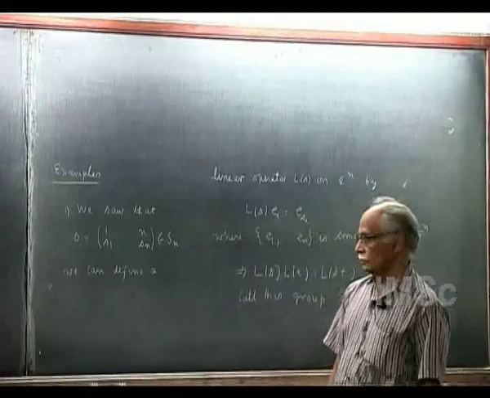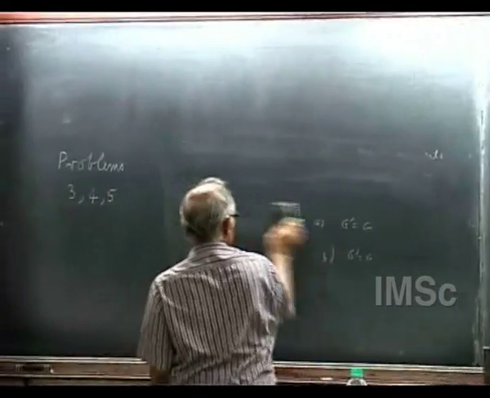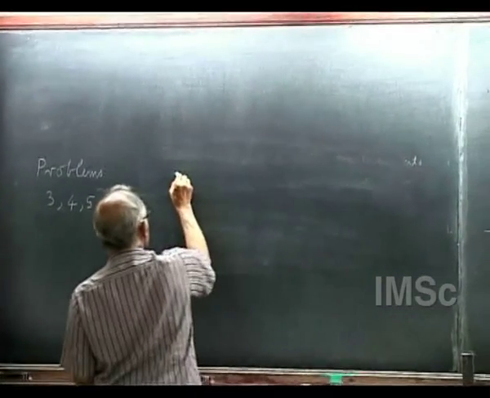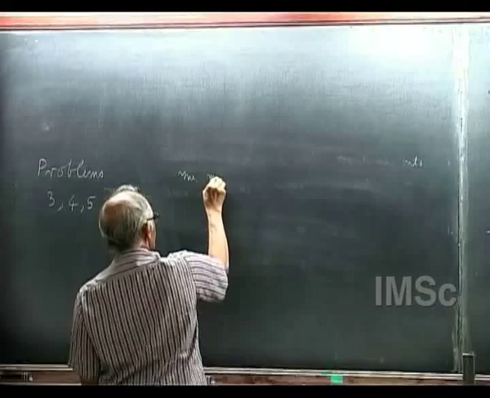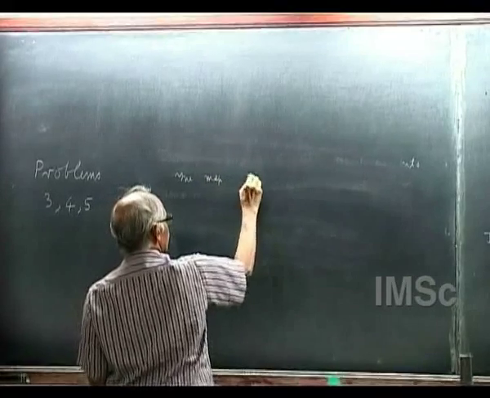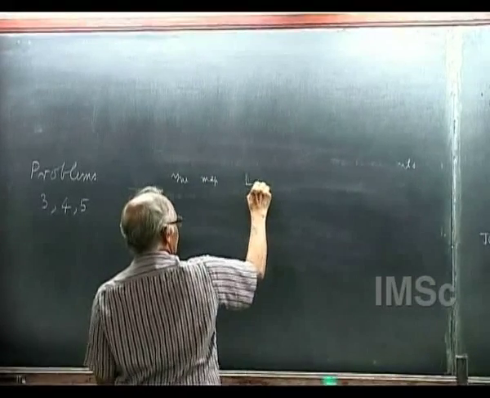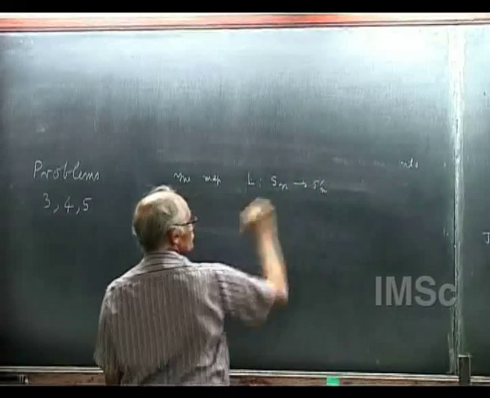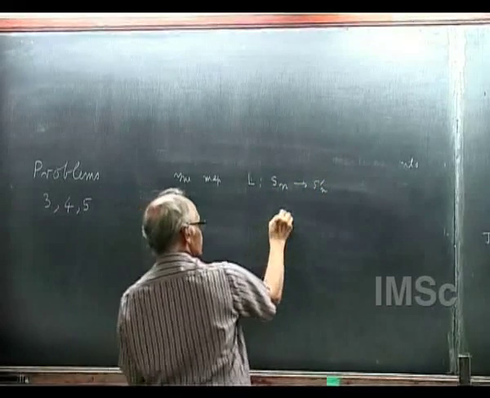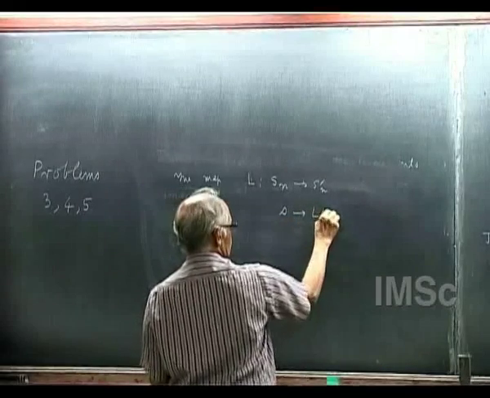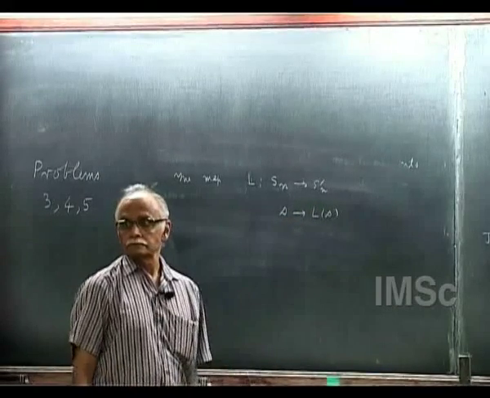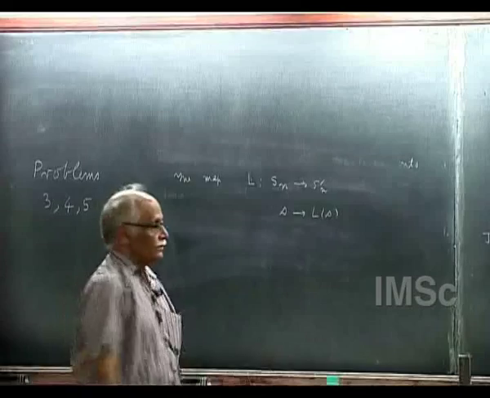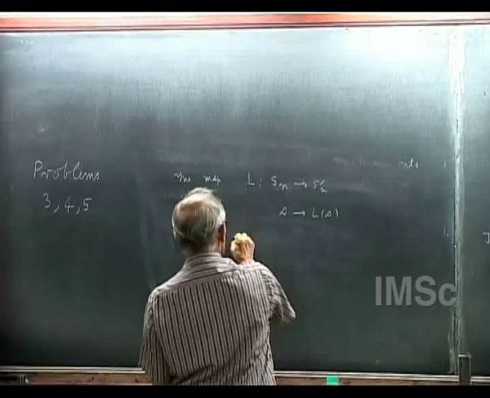Now the map we have here is the map L, taking you from S_n to S prime n. It takes S to L_S. From that equation, this is an isomorphism.